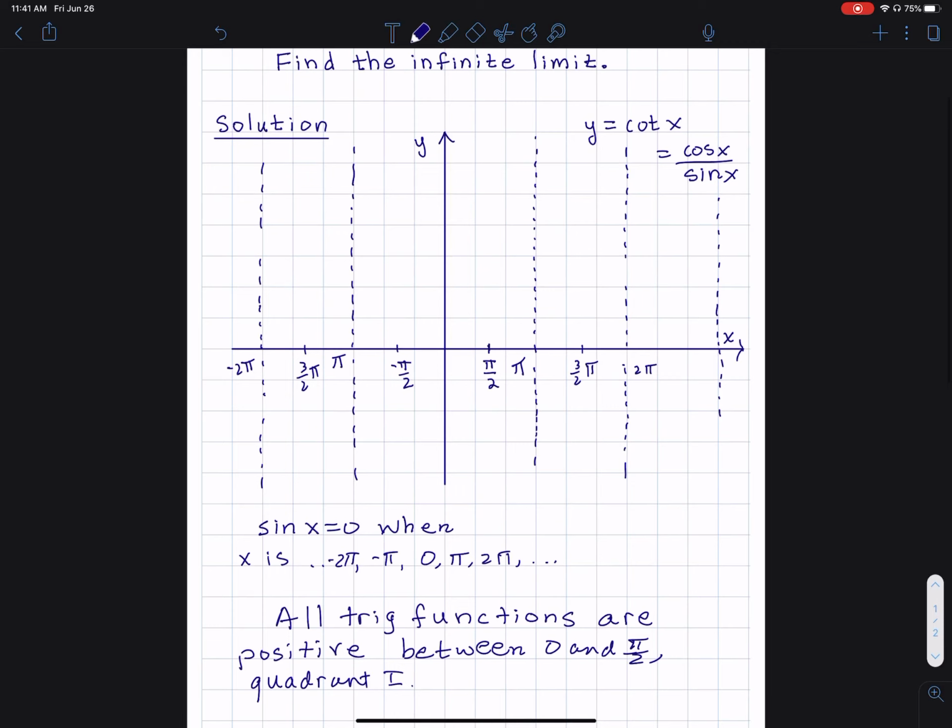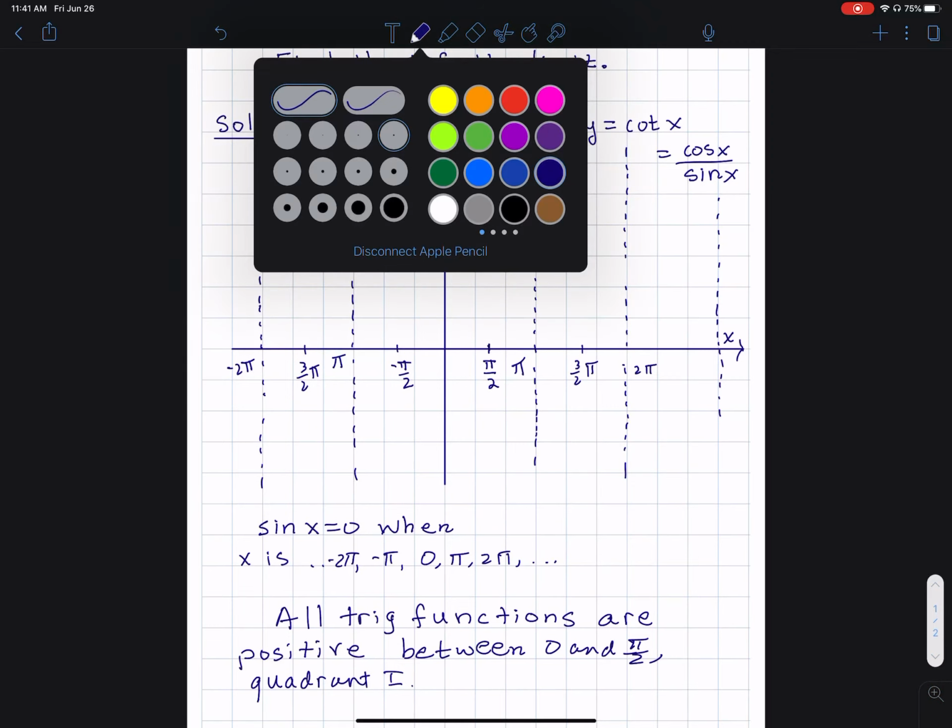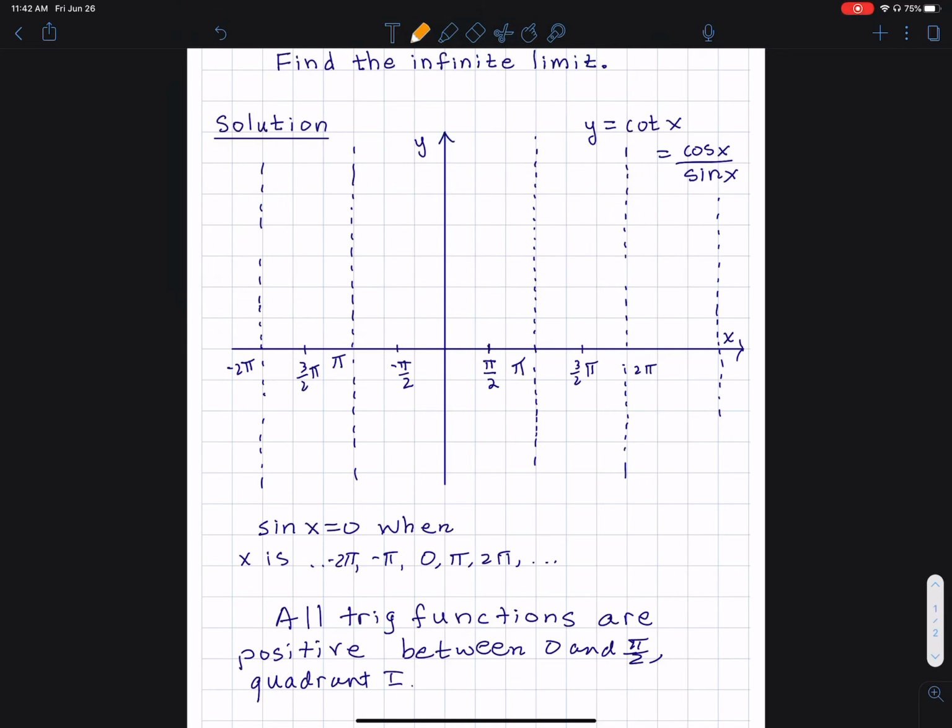So let me just talk about this one piece here where I have a vertical asymptote at 0. I didn't put the dotted lines for that y-axis. When x equals 0, we have a vertical asymptote. And I know between 0 and pi over 2, cotangent is positive, as all the other trig functions are. So if there's a vertical asymptote, it's got to go up. It's not going to go down because between 0 and pi over 2, all the trig functions are positive.